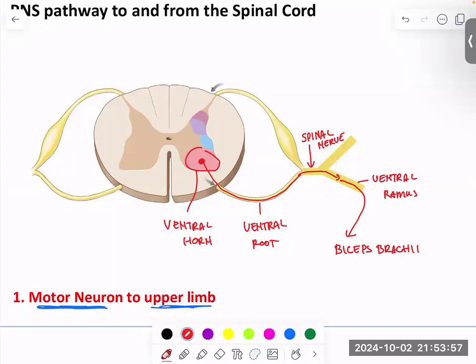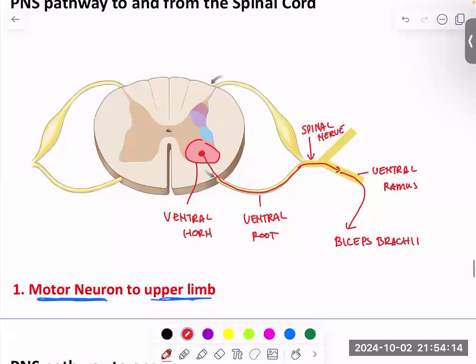It has to start at the ventral horn, then the ventral root, spinal nerve, ventral ramus, to get to the front of the body. That is its pathway, folks.